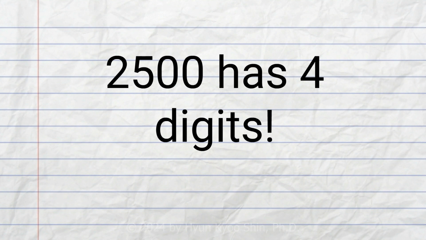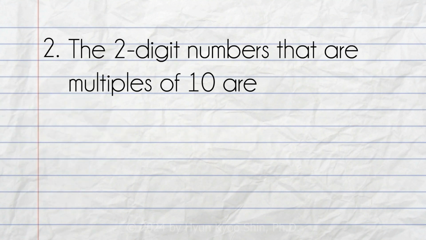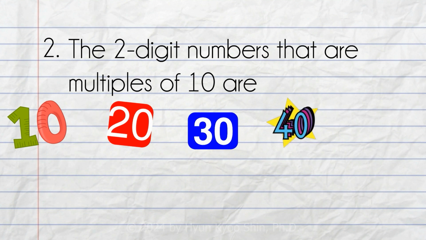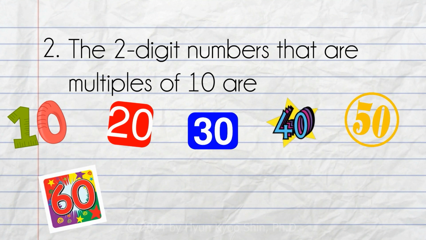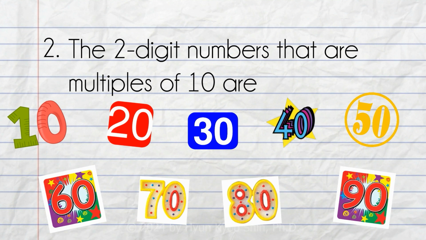That's right. 2,500 has 4 digits. The two-digit numbers that are multiples of 10 are 10, 20, 30, 40, 50, 60, 70, 80, and 90.